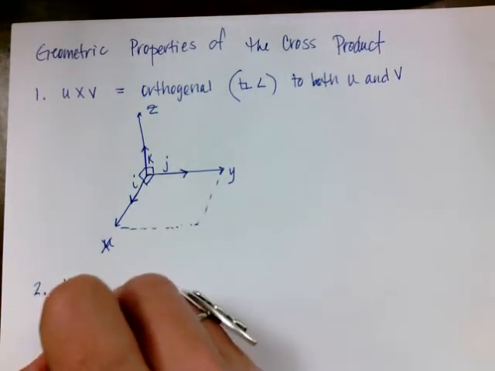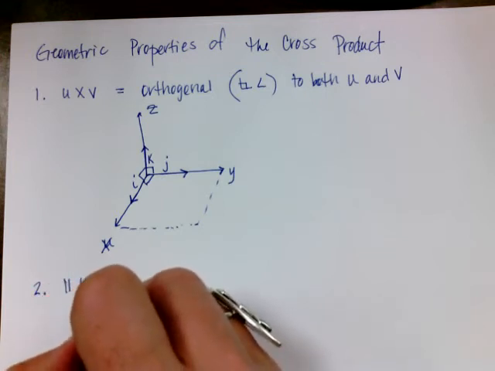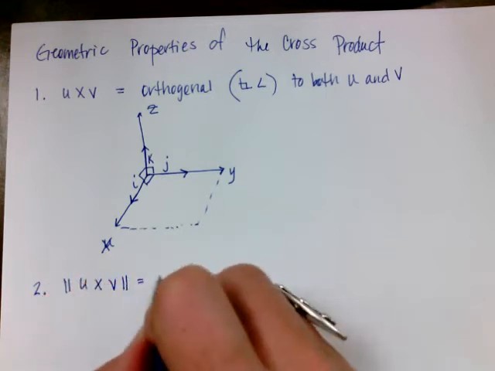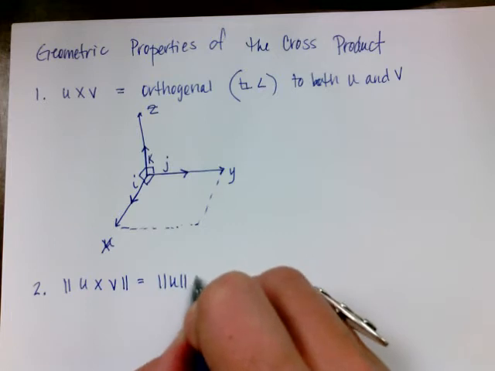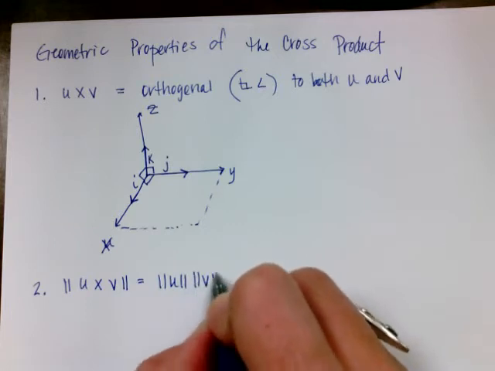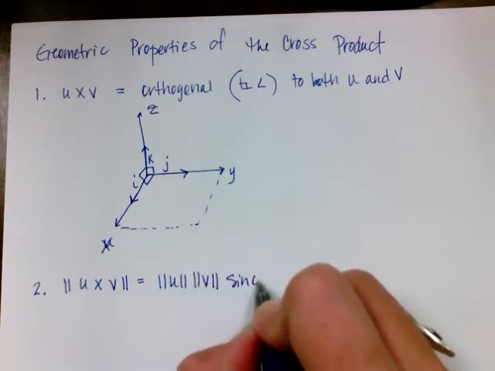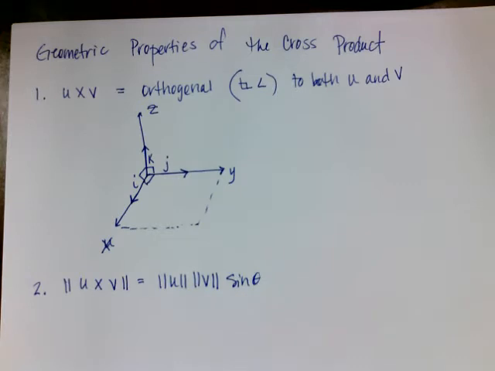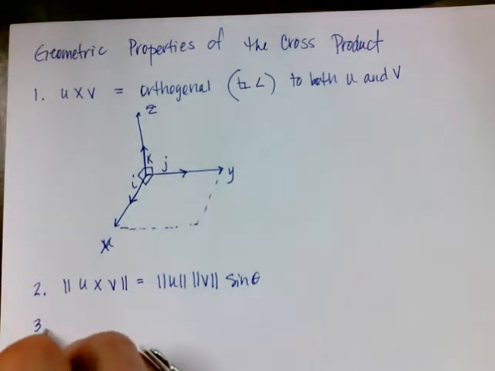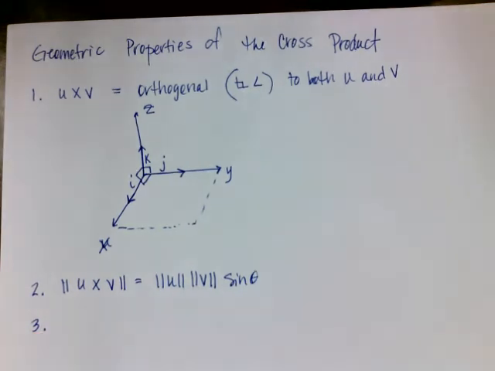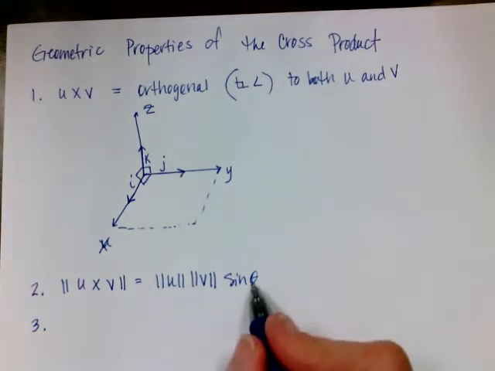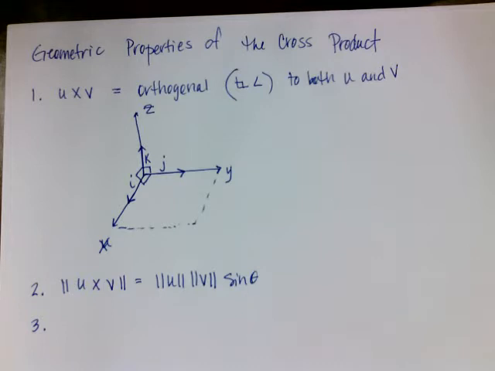Okay, number 2. My next property says the magnitude of U cross V is the same thing as the magnitude of U times the magnitude of V times the sine of the angle. That's kind of entertaining. Number 3, so I could actually solve for the sine of an angle, or I could solve for an angle if I wanted to.